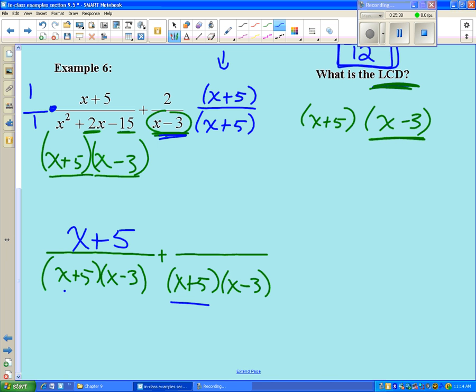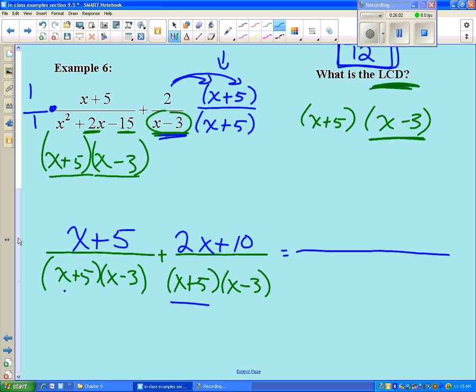And what I did in 2 steps on number 5, I'm going to do in 1 step. I'm going to distribute this 2 through this x plus 5, so I get 2x plus 10. Now you don't have to do that in 1 step. You could do that in 2 steps, but I'm trying to go a little faster. You use a little less paper, digital paper.